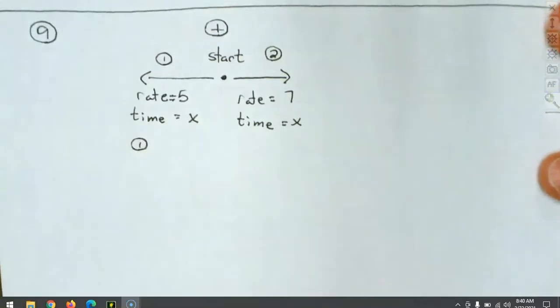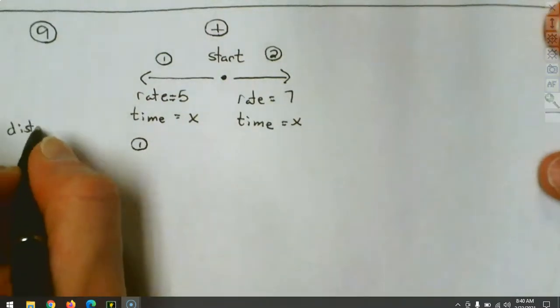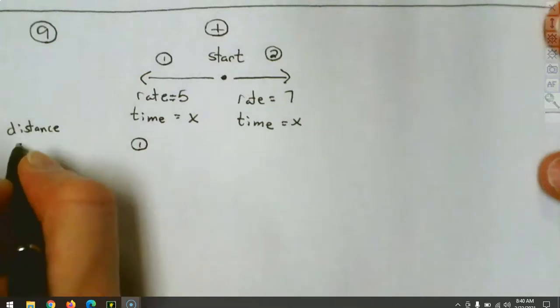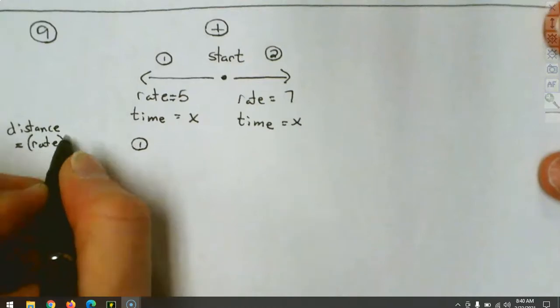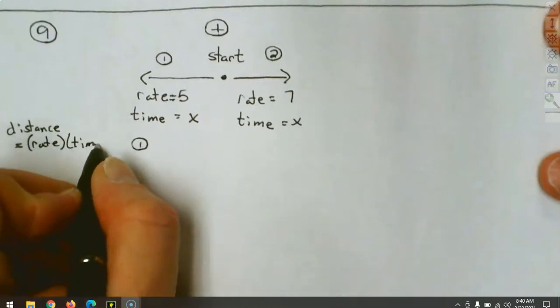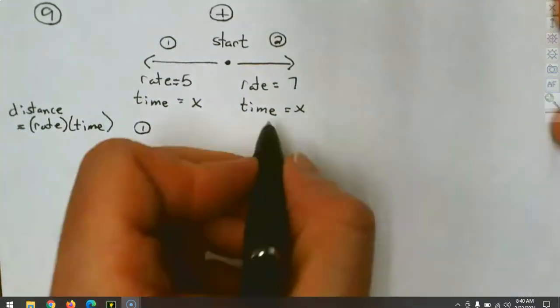Now, what are we trying to find? We're trying to find our distance. So how do we find the distance? Well, the distance is what? Distance is the rate times the time. So distance is rate times time.